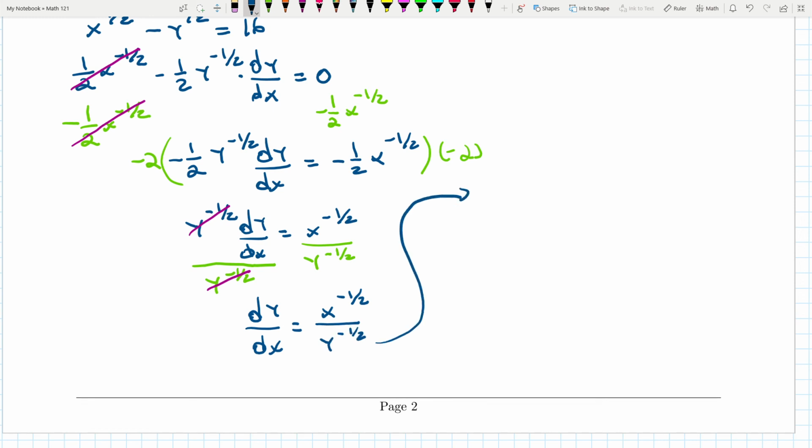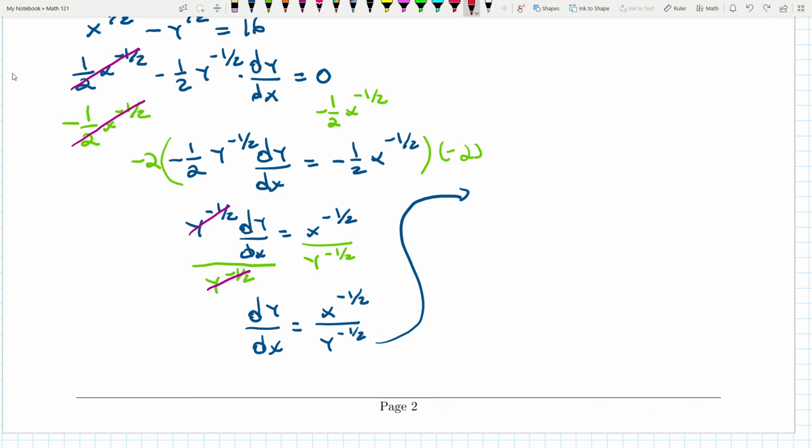And you might want to clean this up a bit further. Yes, it's possible. Recall that this negative exponent indicates that we need to send it to the denominator with positive exponent. We send the x as x to the 1/2.